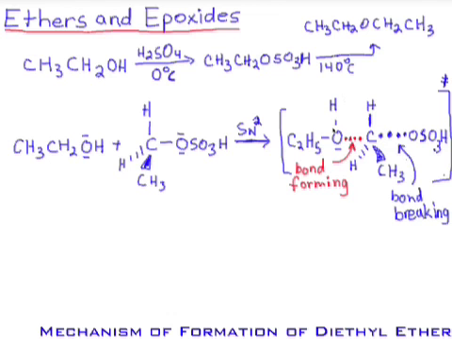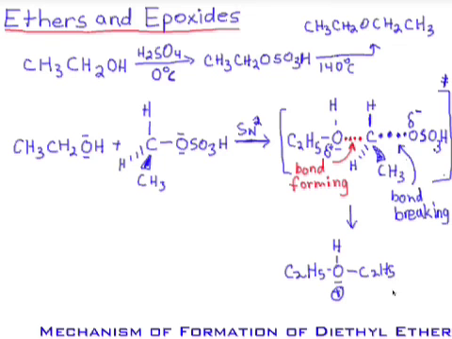And now we can just show this oxygen is picking up a positive charge. It's delta plus. And this oxygen is delta minus. So that when we are done, we have C2H5O with an H on it, positively charged, and C2H5 on this side.